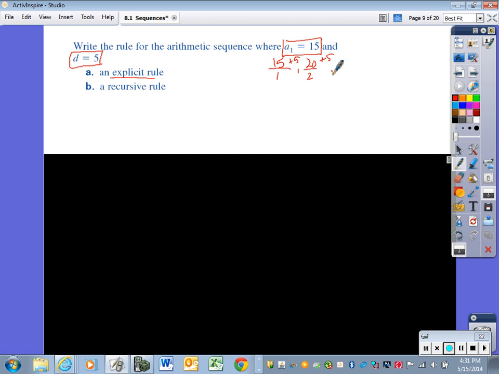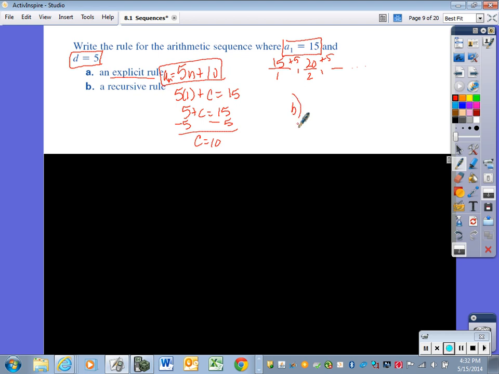Adding 5, etc., etc. So 5n could be my term. Then I put 1 in there. Plus what gives me 15? Subtract 5. 10. Plus 10. Explicitly, 5n plus 10.